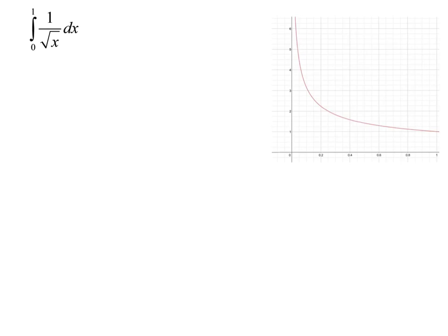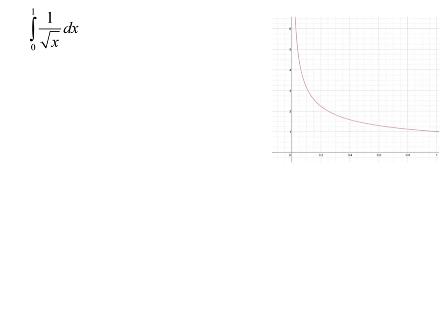It's not going to work, because a lot of the discontinuous types of impropers are divergent, where a lot of the infinite bound types, you can find an answer. But I want to show you one where we can actually get an answer out of this.